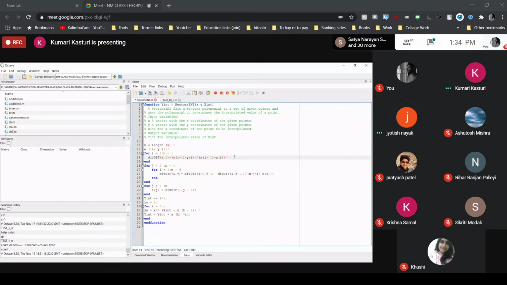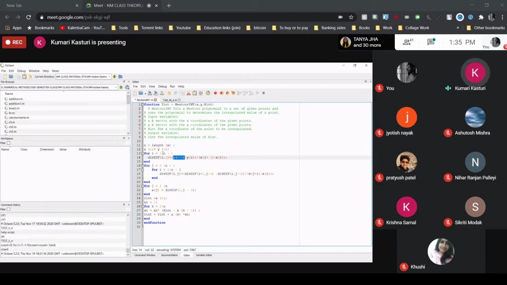Yes, ma'am. Okay. So this for loop is used for the calculation of the first divided difference. Here one variable is written, that is diff, that means divided difference. diff(i,1) is equal to (y(i+1) minus y(i)) divided by (x(i+1) minus x(i)).